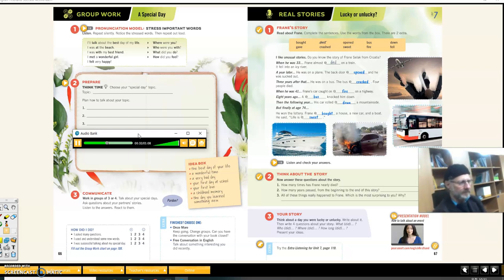The bus crashed. 4 people died. When he was 41, Frane's car caught on fire on a highway. 8 years ago, a bus knocked him down. Then the following year, his car rolled down a mountainside. But finally, at age 74, he won the lottery. Frane bought a house, a new car, and a boat. He said, "Life is sweet."